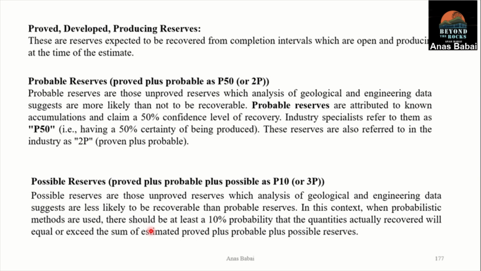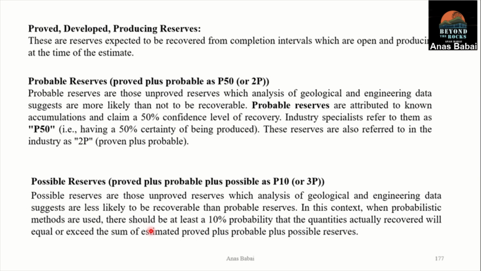And the probable reservoir, which is less than the proved, because it's still maybe under study. There is no sufficient data, so there is around 50% uncertainty about the levels of recovery, and it's called P50 or 2P.